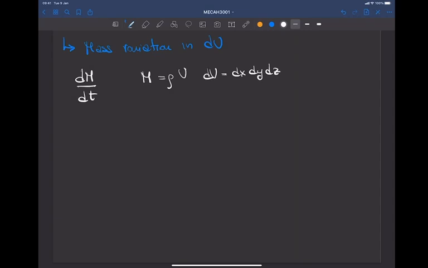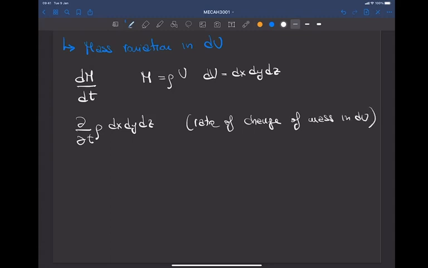And so our dm over dt will be a partial derivative over t of rho dx dy dz. Okay, and we're using the partial derivative because of course the density might also be non-homogeneous inside the control volume. So this is our expression for the rate of change of mass inside the volume.